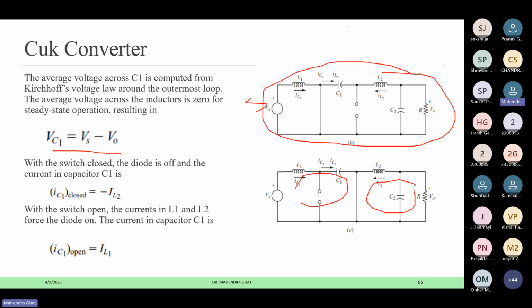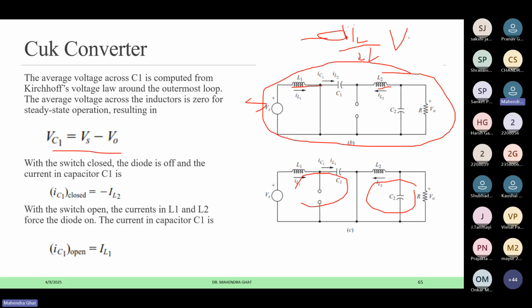Actually, in practice VL1 and VL2 are also present, and the output voltage is also present. But as we have considered constant inductor current here, here and here, if the current is constant, there is no dIL by dt. So the change in inductor current is 0.